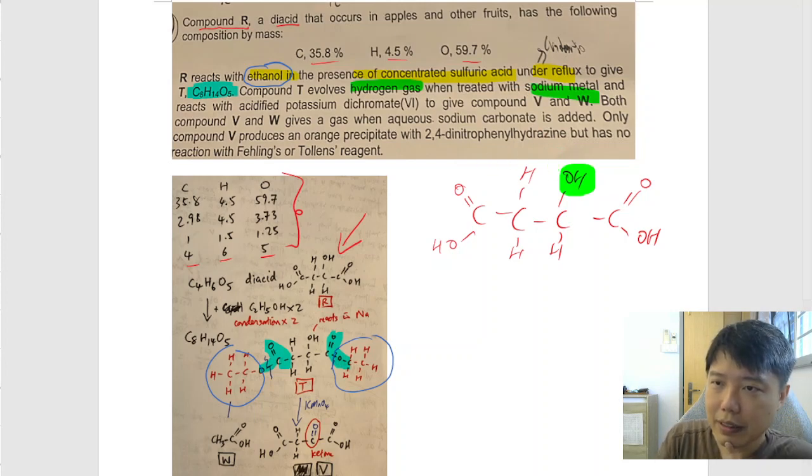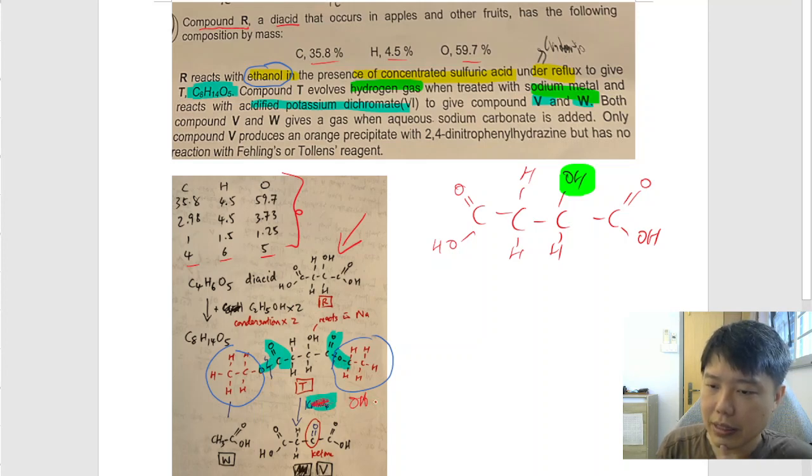And after that, they say it reacted with dichromate to give V and W. I'm sorry, I wrote KMnO4, I made a mistake. It should be dichromate, but essentially it's the same thing. Basically you just have an oxidizing agent, aqueous solution, acidified, heat.